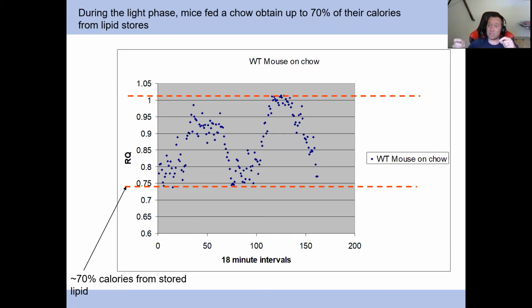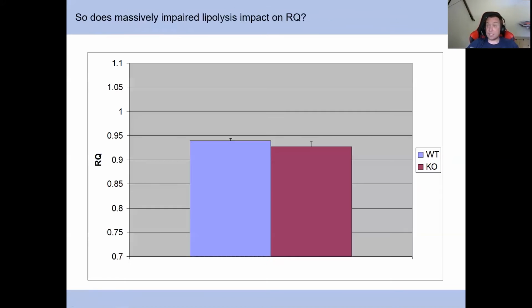And to get those calories out of the stored lipid, you need ATGL. So we're going to completely stuff up a large swathe of this plot. Because we can't do these low RQ values, we're going to shove our RQ up. Or if what I'm arguing is true, we're not going to see anything. And the answer is we see nothing. Knocking out ATGL, even though we can no longer do lipolysis, does not affect the 24-hour RQ.